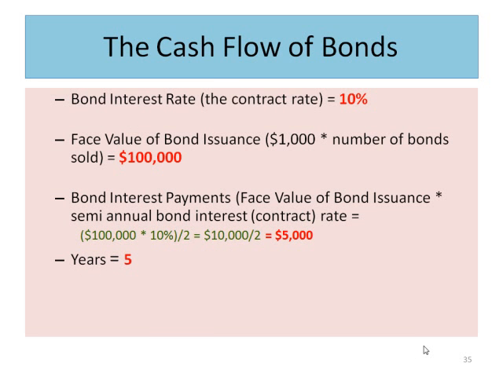All right, bond interest rate. Let's use 10%. Face value of the bond, 100,000. And your bond interest payments now, you're doing this twice a year. It's a semi-annual bond. And that's going to be your annual rate divided by 2. So 100,000 times 10% is 10,000, divided by 2 is 5,000. Your years are 5 years.